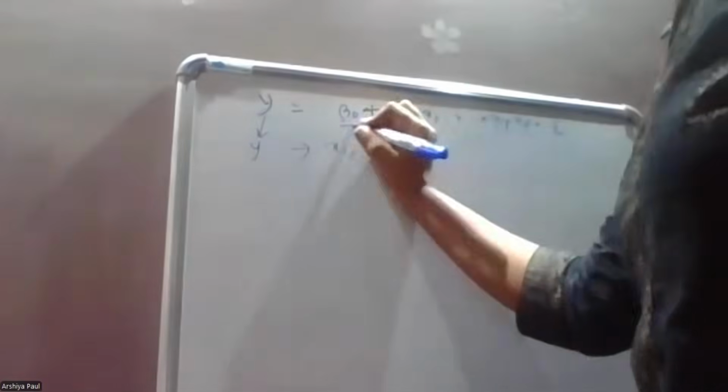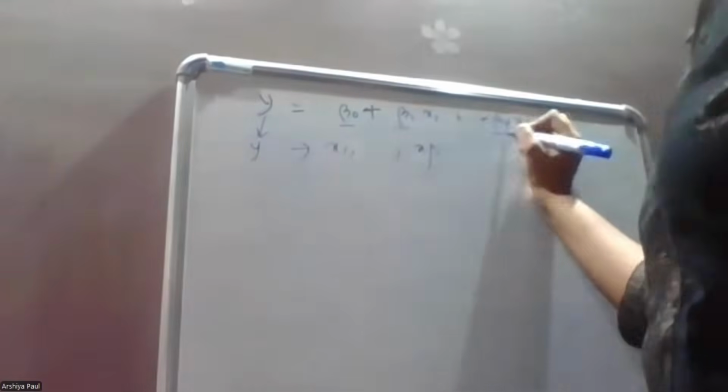It's called a linear model because it's linear in the parameters of the model, which are beta 1, beta 2, and beta p. Perfectly all right. What do you mean by a Gauss-Markov linear model? And mention its assumptions.